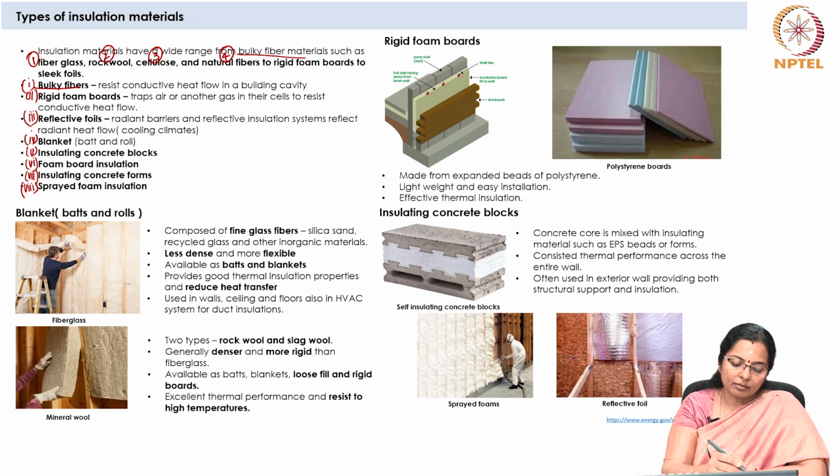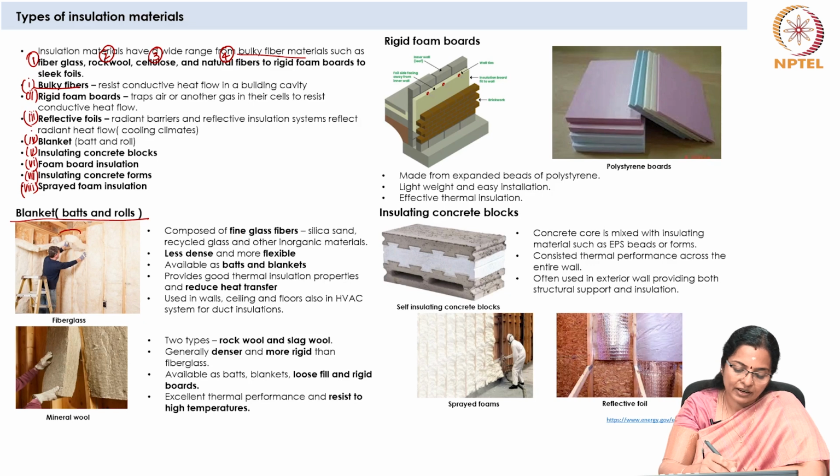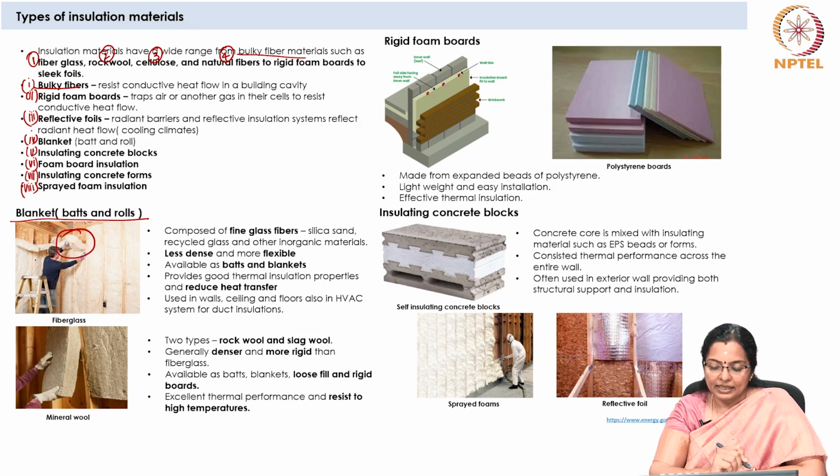So, if we look at blanket, bats and rolls, these are composed of fine glass fibers. They are made up of silica sand or recycled glass or any other inorganic materials.